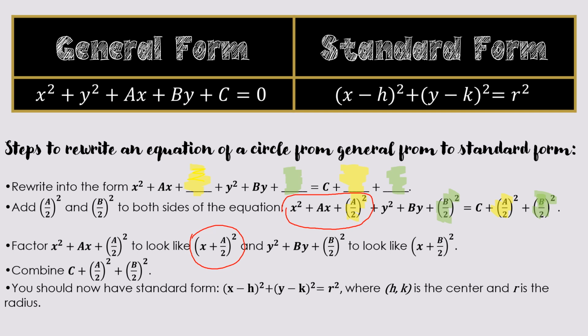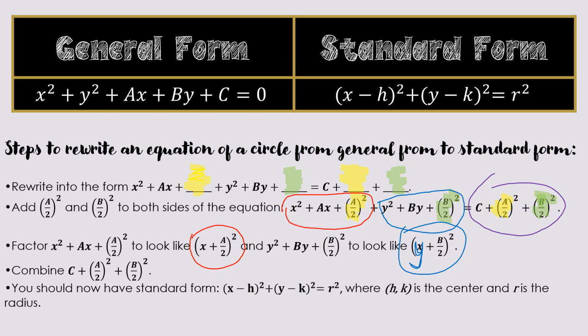Same thing with the y squared plus by plus b over 2 squared. It will end up looking like, and there's a typo right there, that should say y plus b over 2 squared. Then you are going to combine these three numbers on the right side, and I'll just give you a single number. And then once you do that, you will be in standard form.